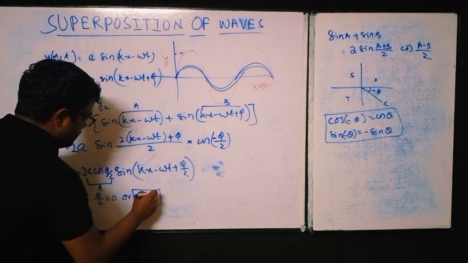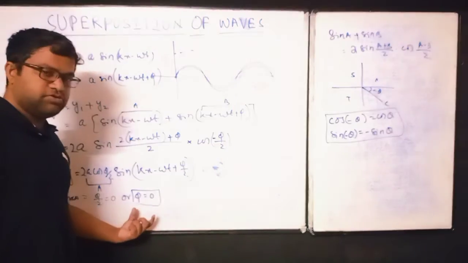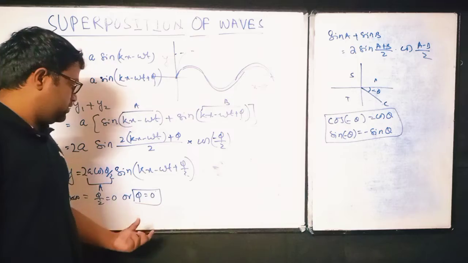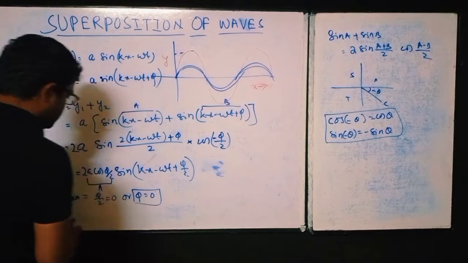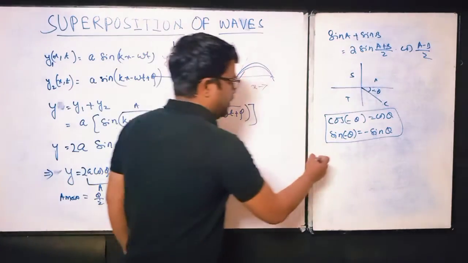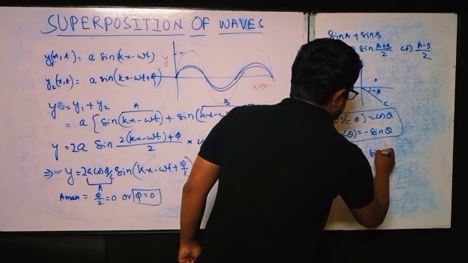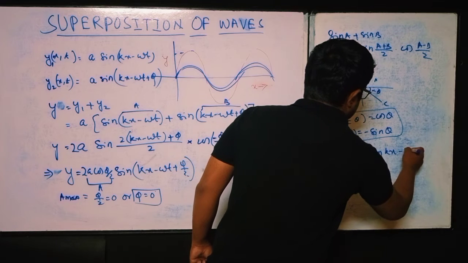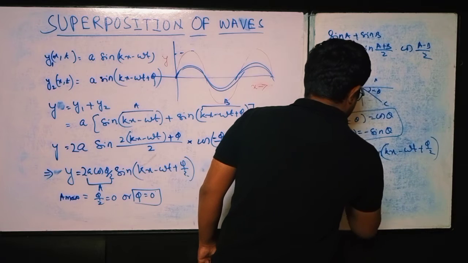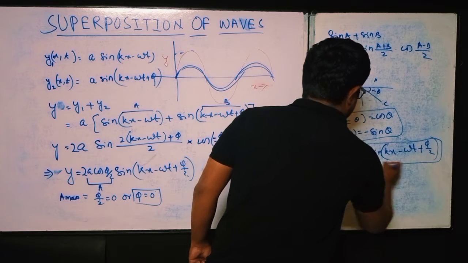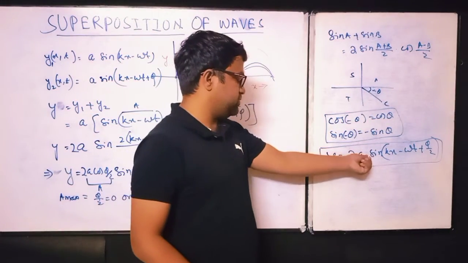So for a phase difference of 0, you get the maximum amplitude, and the displacement is y equal to 2a sin(kx minus omega t plus phi by 2).